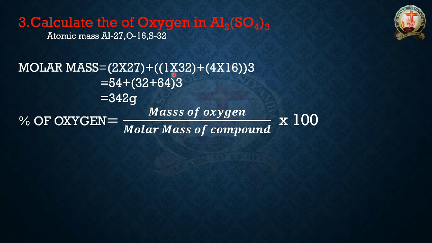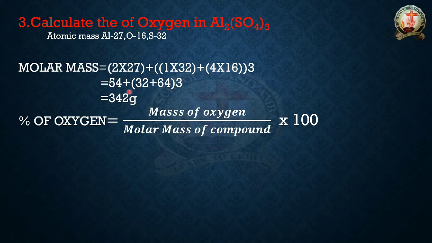Inside there is only one sulfur, the atomic weight of sulfur is 32. So 1 into 32 plus 4 oxygen atoms, 4 into 16 is the atomic weight of your oxygen. I close the bracket. Outside the 3 is there, so I put 3 here. Multiplying this, we get 54. Inside this, the multiplication is 32 plus 64, into 3.